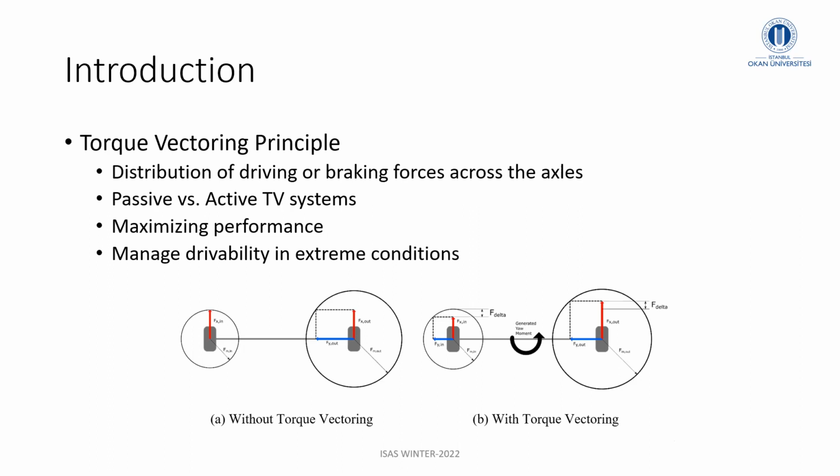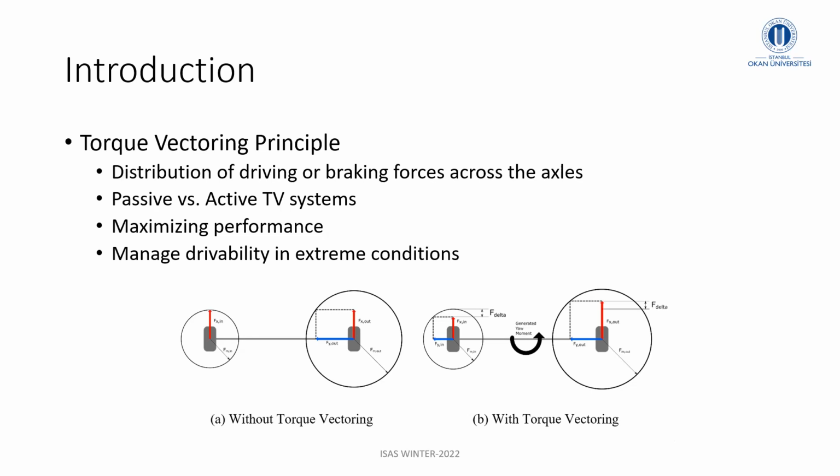Whereas an active torque vectoring system does not affect the longitudinal performance in any adverse way, but it increases the longitudinal performance in some cases, and it also generates the required corrective yaw moment. Torque vectoring can be used to maximize performance, and it could be used to increase safety and stability.